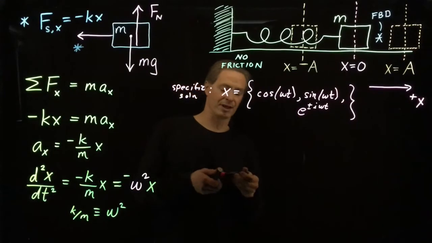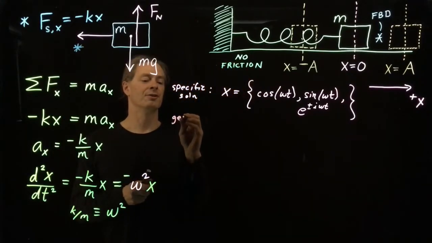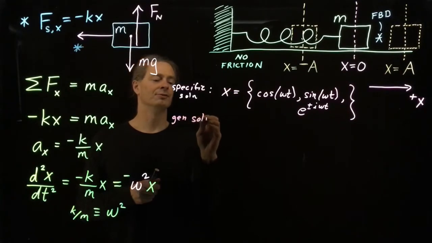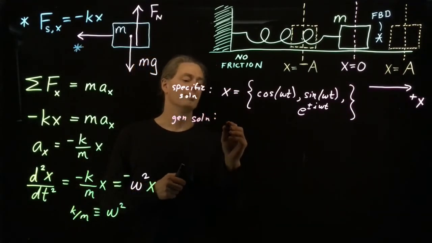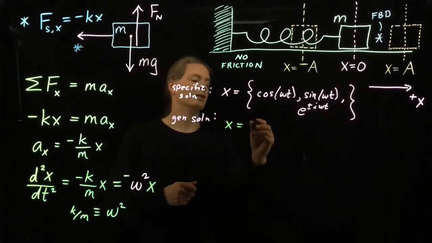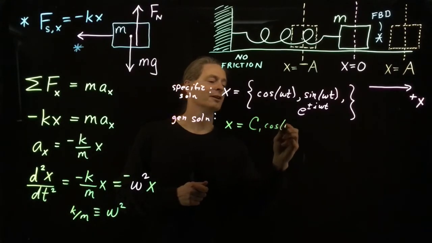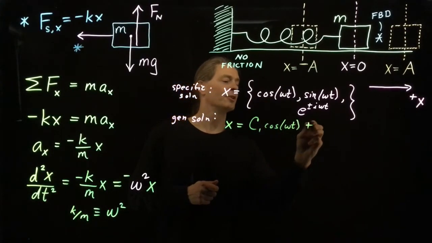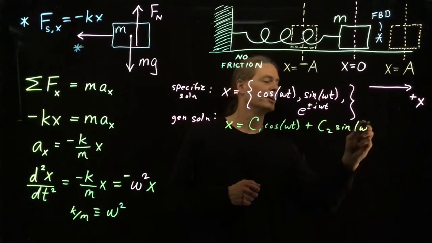So it turns out we can nicely write the solution this way. Now we'll go to general solutions, and all of these forms will be general solutions. So x equals c1 cosine omega t plus c2 sine omega t.